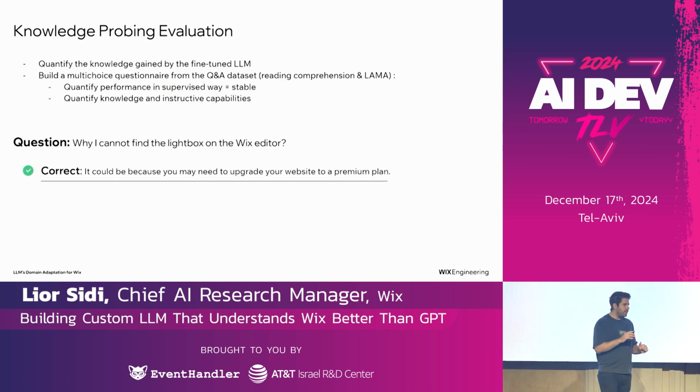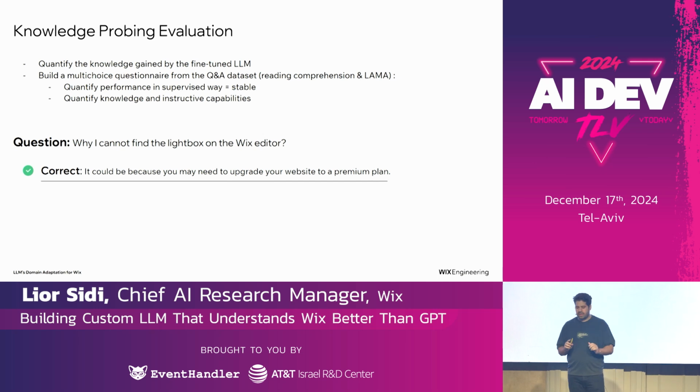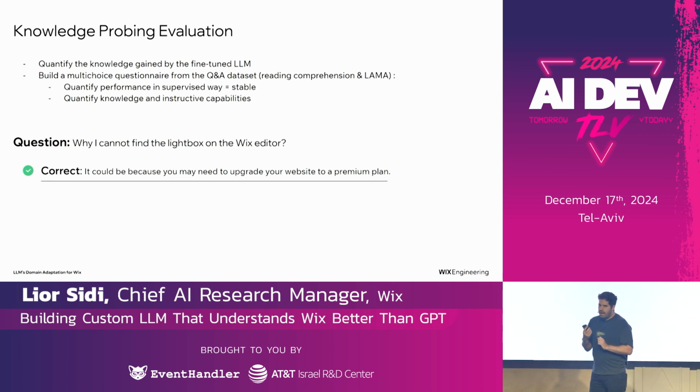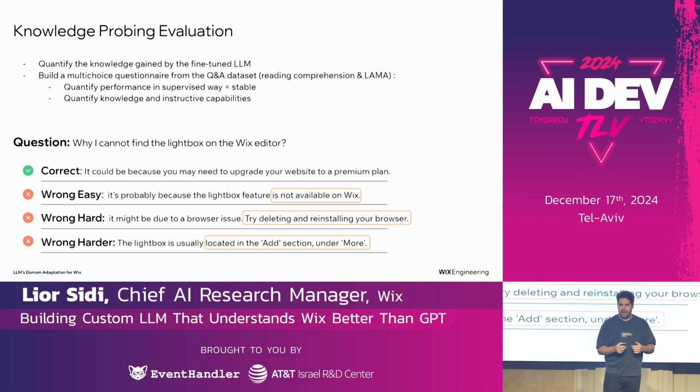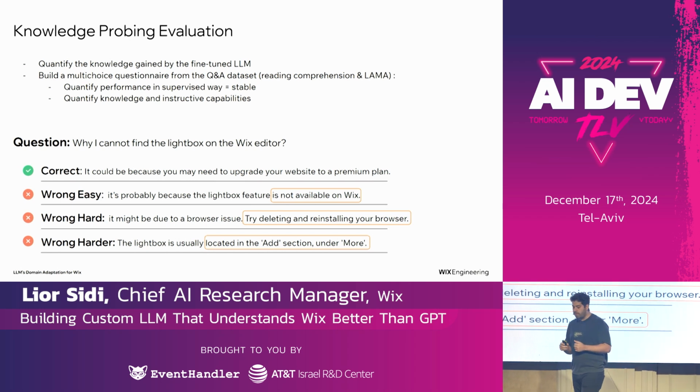A very cool technique that was presented in many papers is called knowledge probing. Knowledge probing is when you want to quantify the knowledge of the model, but you don't want to use free text for estimation. You want to turn it into a classification task. So what you can do is take a question and an answer, and generate three other options.